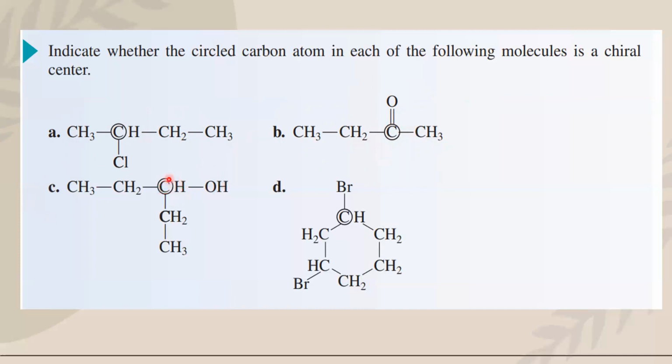Another example, this one is also not a tetrahedral center because two of the groups attached to the carbon are identical. So, kung makikita mo, the carbon is attached to CH2 in here and another CH2. So, meaning, hindi siya a chiral center because these two are identical.